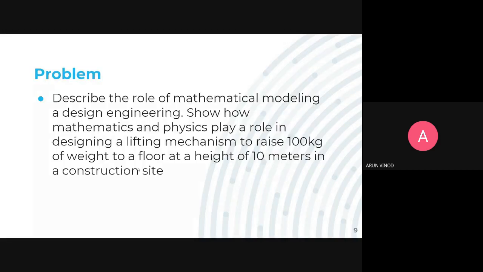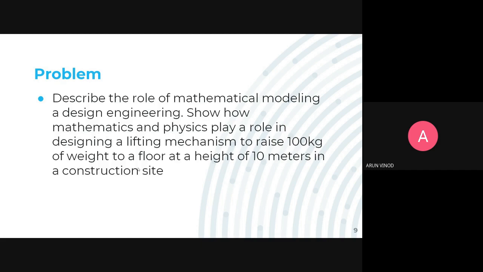Let us discuss a few problems so that you can understand these concepts very clearly. We will solve this problem in the next class, but still we should know the concept behind it. So let us discuss the problem. Describe the role of mathematical modeling in design engineering.